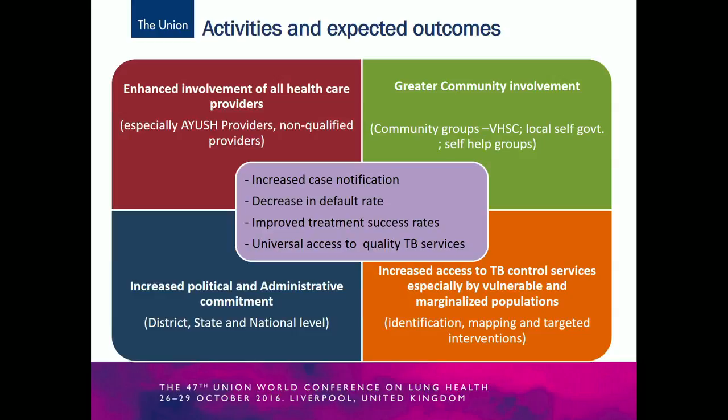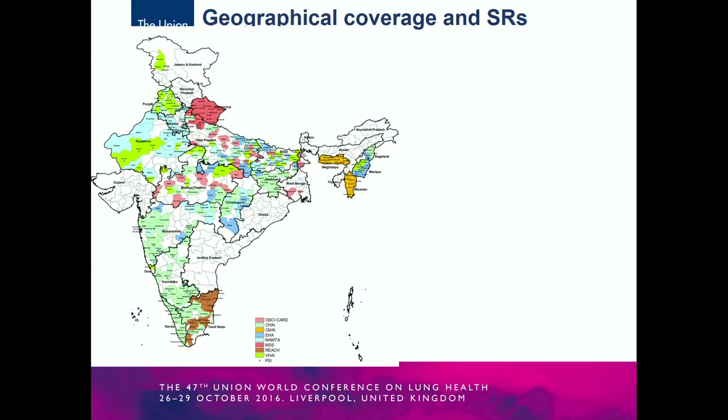We also created district level TB forums where they raise the voice of the people and increase the political and administrative commitment towards TB care and control. By these activities, we try to increase case notification, decrease the default rate, and thereby improve treatment success rates. This is the coverage of the project.